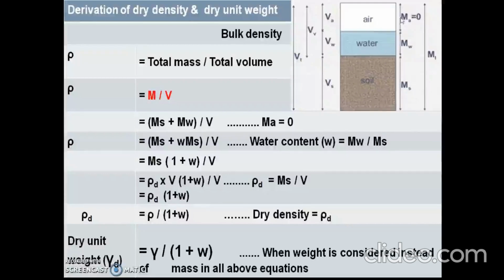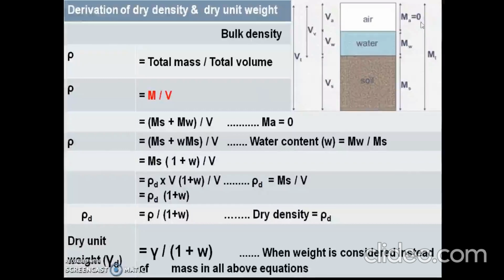MA represents mass of air, which is taken as 0. Mass of water is represented by MW and MS represents mass of solids. Total mass can be represented by MT or M. Hence, density is equal to total mass M divided by total volume V, that is M by V. But what is total mass M?